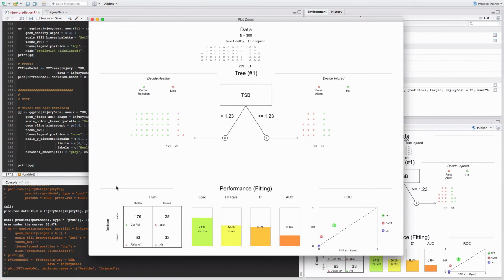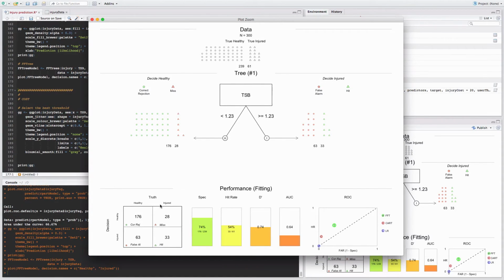You can pause the video and try to understand this a little bit better. So in this case, true healthy and injured, and then how that is distributed across the model decision. These two, 176 and 33, are the correct classifications, and these two are incorrect classifications.